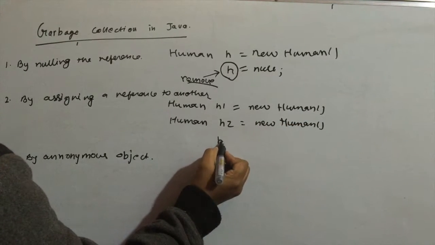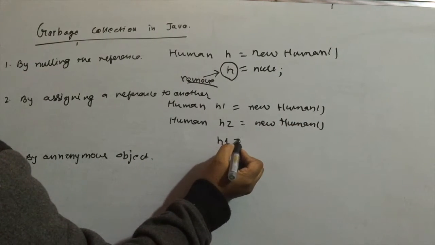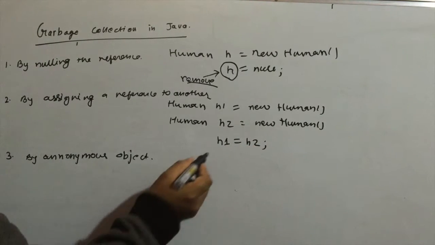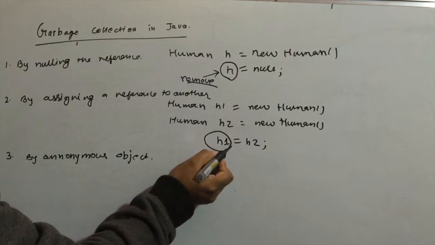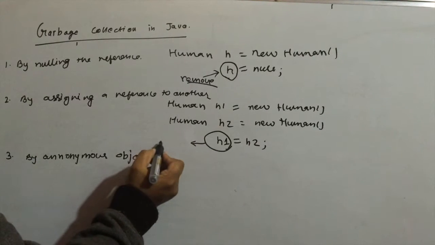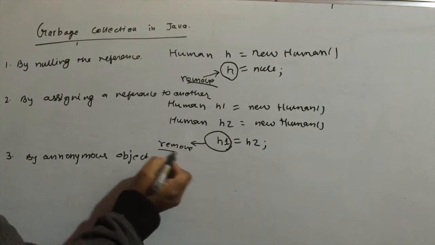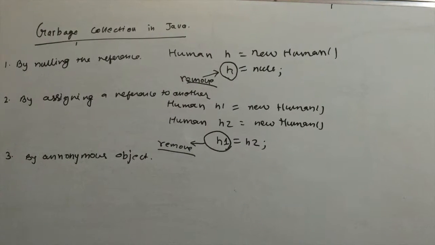So if we assign H1 to H2, then the garbage collector will identify that H1 is unreferenced and it needs to be removed. It will remove it automatically.